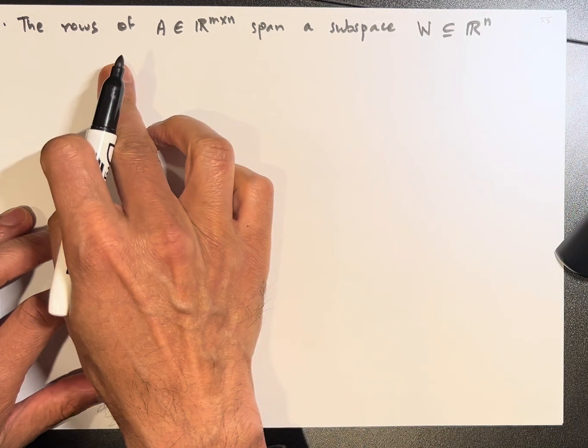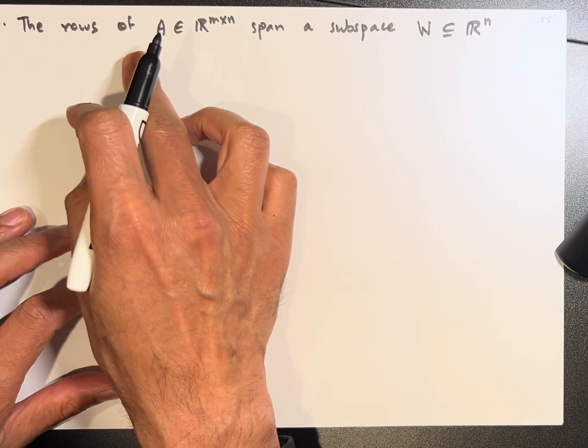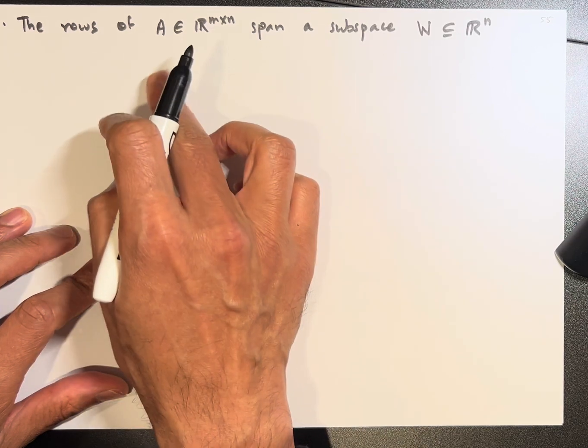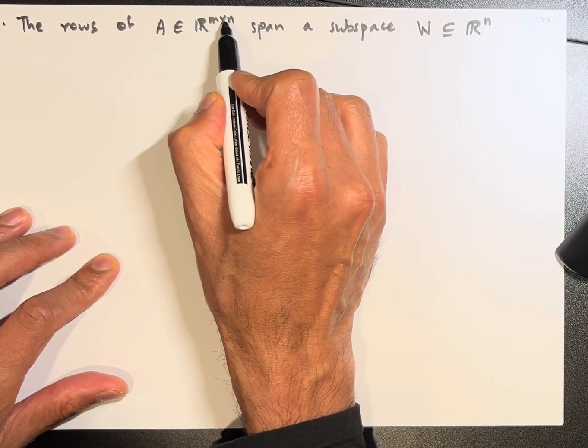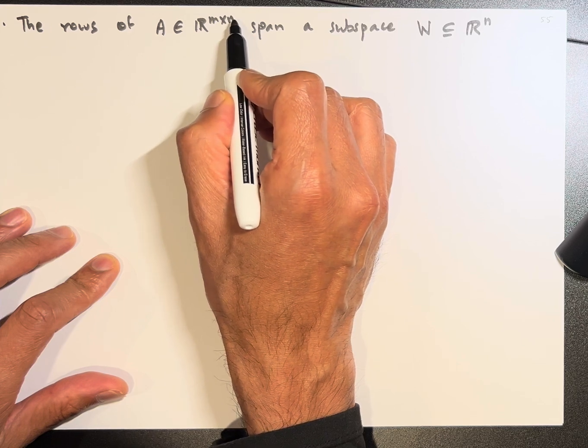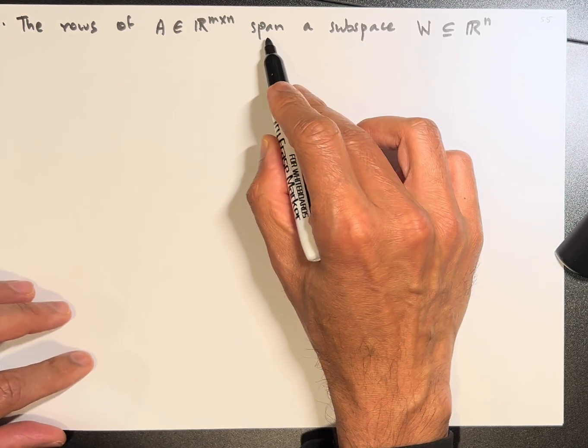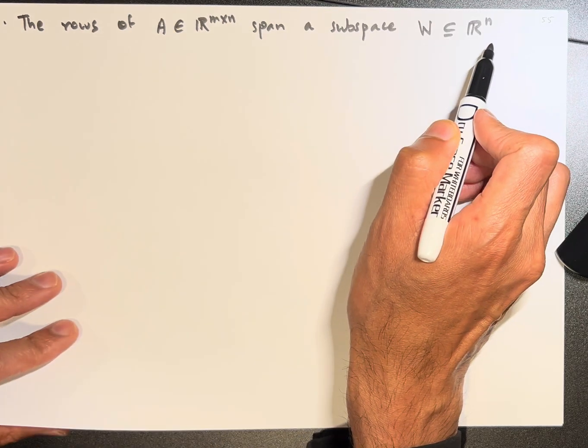Because you have m rows and n columns, right? So if you just look at the rows, each row has n entries, n for Nancy, right? So n entries, span a subspace W in Rn, right?